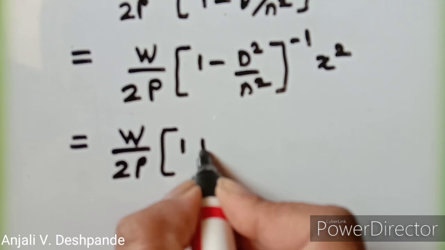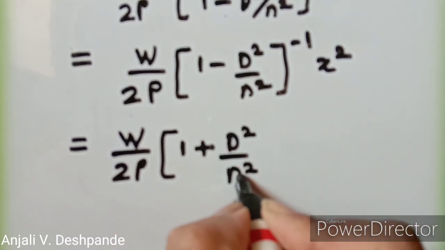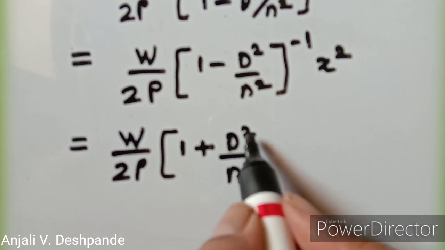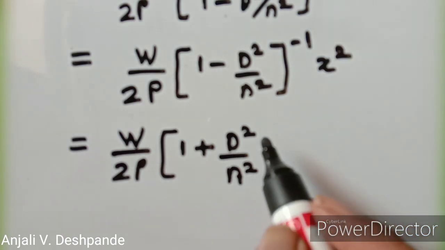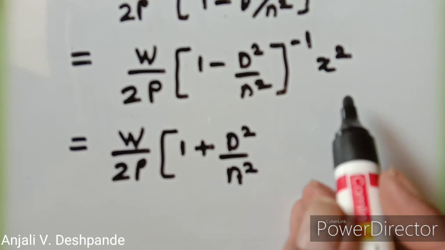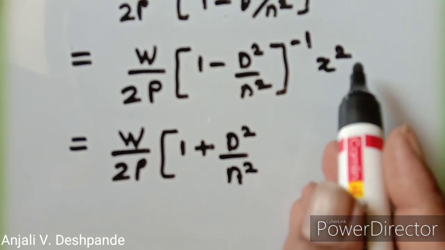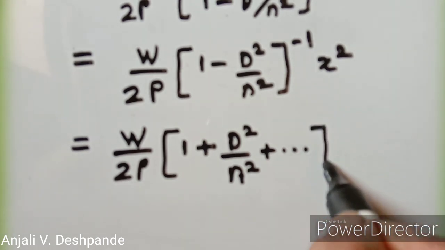So it becomes 1 plus d square by n square. Now d is the operator d by dx and our term over here is x square. So only up to the second derivative is relevant for us. Why? Because after the second derivative all the derivatives are going to be 0 for x square, so there is no need to write further terms.